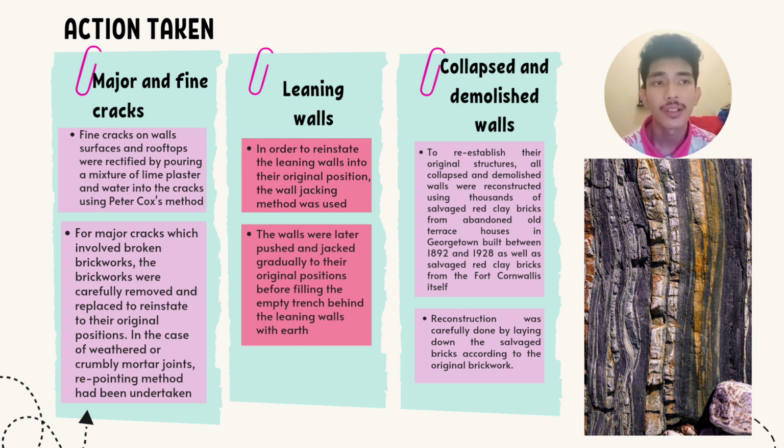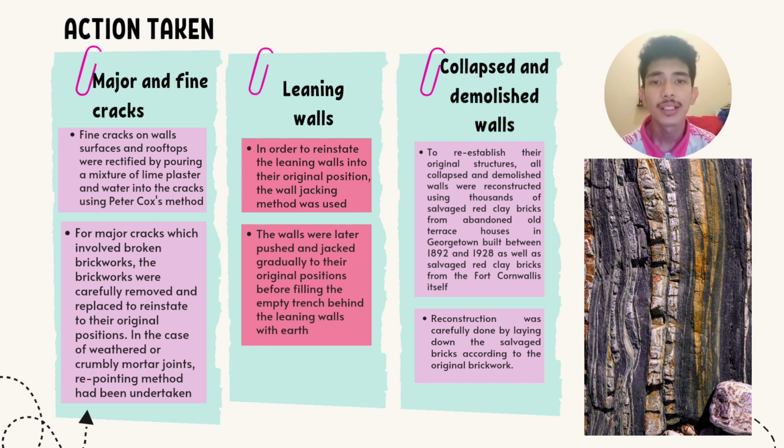Accessory pointing of major mortar joints was carried out by raking out the decayed mortar joint at a depth of between 25 mm and 40 mm, followed by refilling the joint with the closest possible mixture of lime, sand, and red clay mortar, which was prepared based on the result derived from the X-ray fluorescence (XRF) analysis.